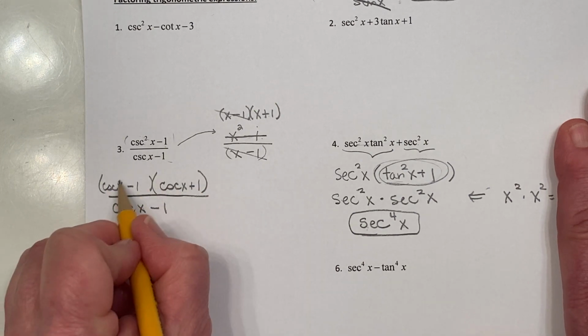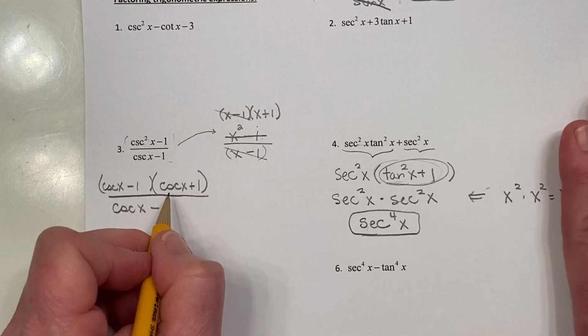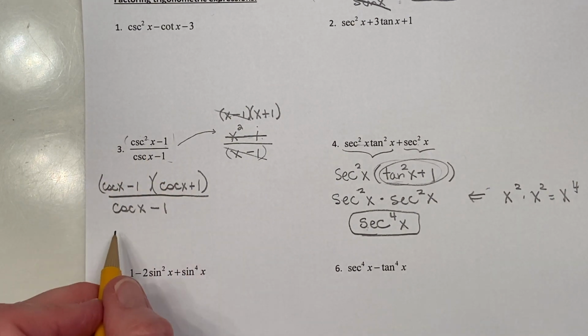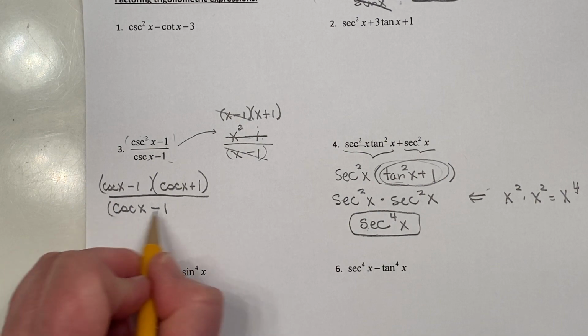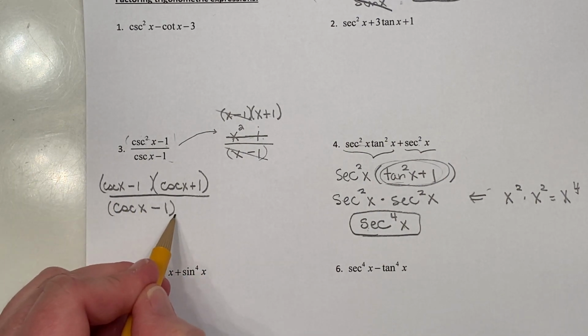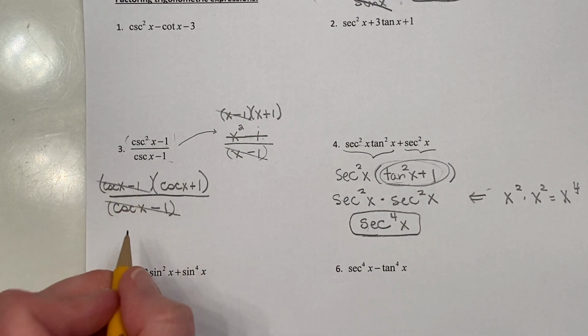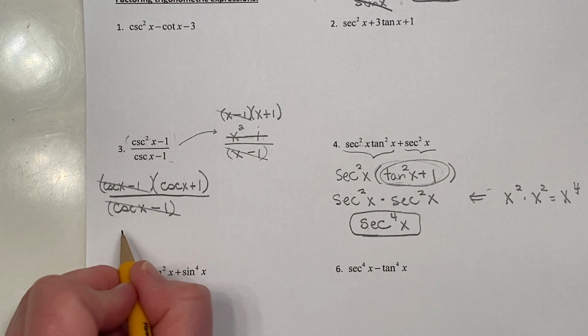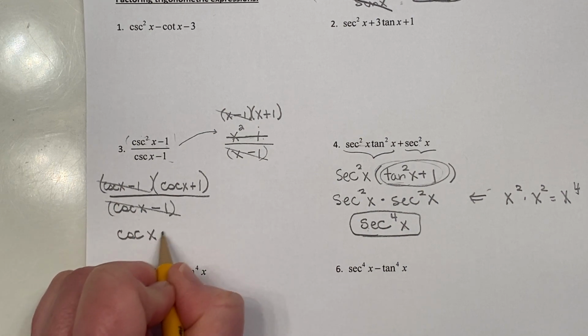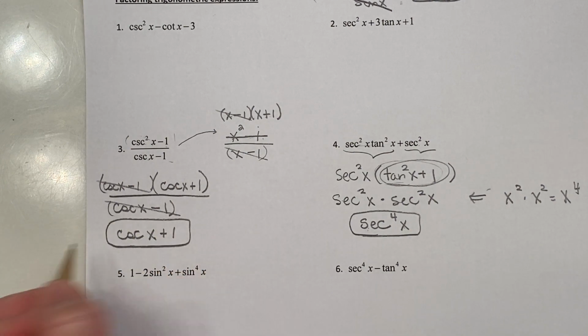If you're not sure about that, pause and multiply these together by foiling, make sure you get back to cosecant squared x minus 1. I can think of the denominator as a group, a factor, and I can divide it out with the numerator's like factor. My final answer is cosecant x plus 1. And there's nothing more to do there.